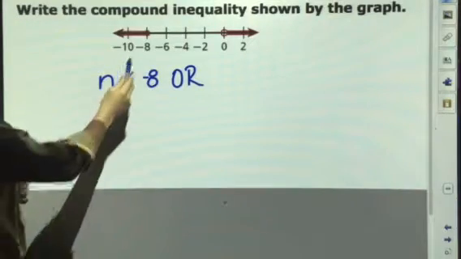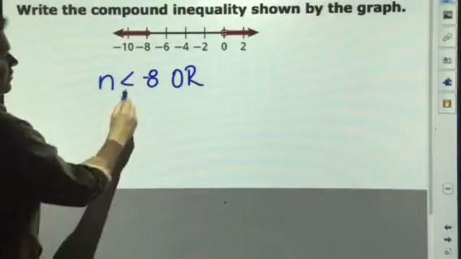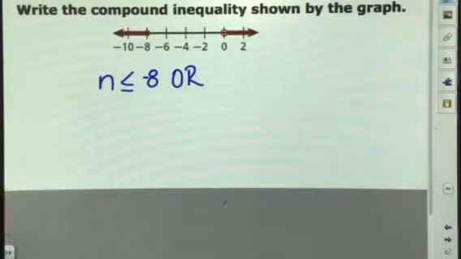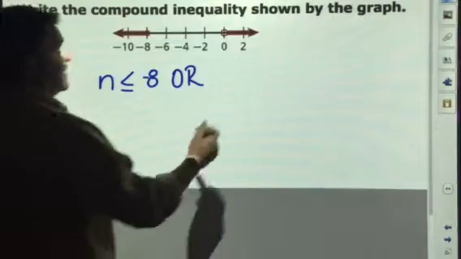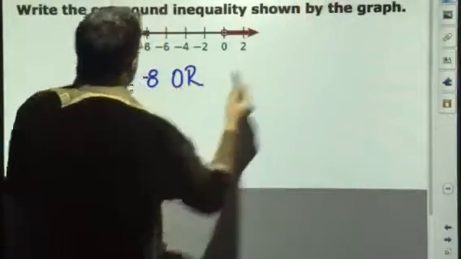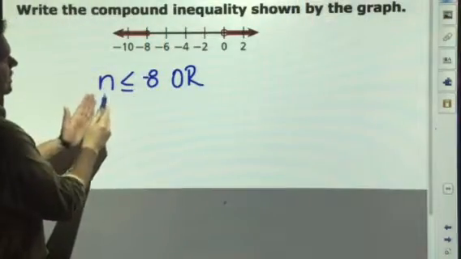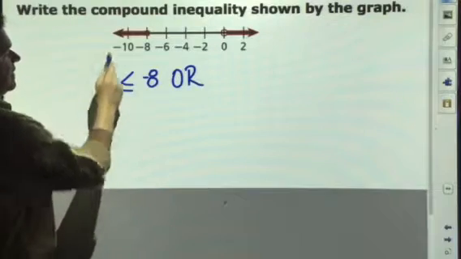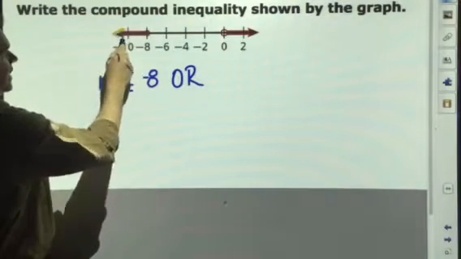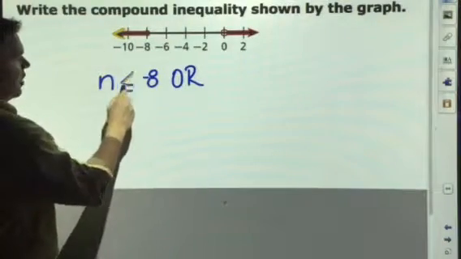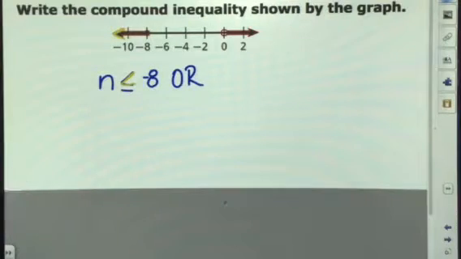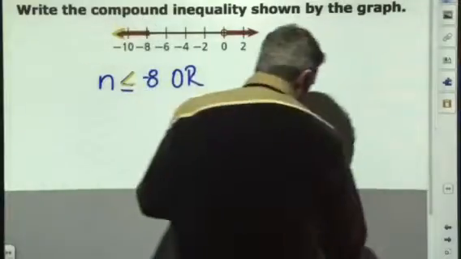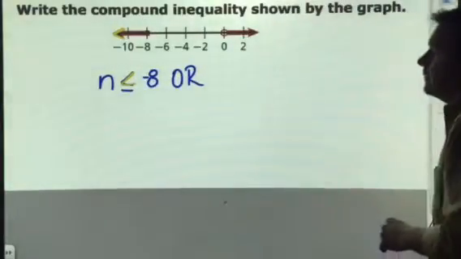But what you should also see is that the circle is filled in, so it could be equal to -8. Okay, don't forget about the tip that we said, if the variable is written on the left-hand side, this arrowhead matches our inequality. And so that can make the process a lot easier. But I want you to understand the process first before you take that jump.